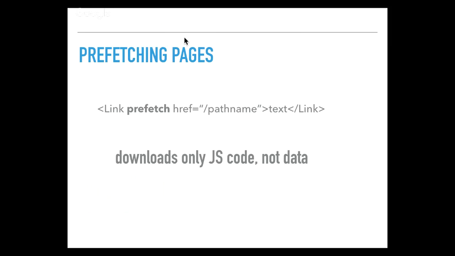It doesn't prefetch data, because if it would prefetch data, it would be very slow. So it just loads JavaScript code. It caches the React component tree basically for each of these pages, and then if you go there, you already have preloaded JavaScript, and you only need to fetch data to render the page.